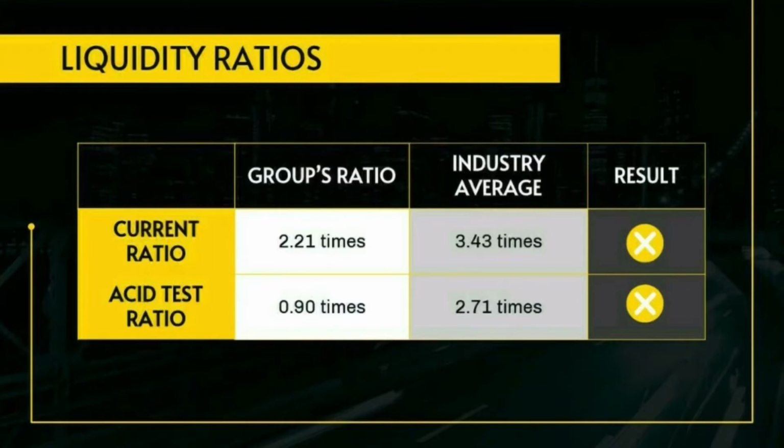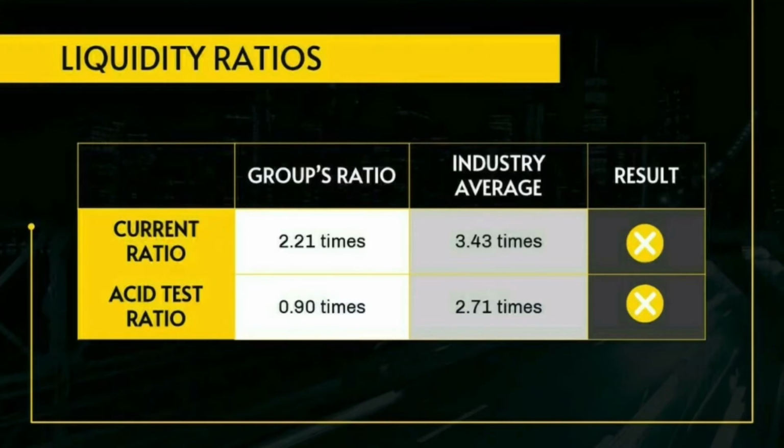This is because the company might struggle to pay its obligations because it has a smaller proportion of short-term asset value relative to the value of its short-term liabilities. Next, acid test ratio. As we can see, the company's acid test ratio of 0.90 times is lower than the industry average of 2.71 times.